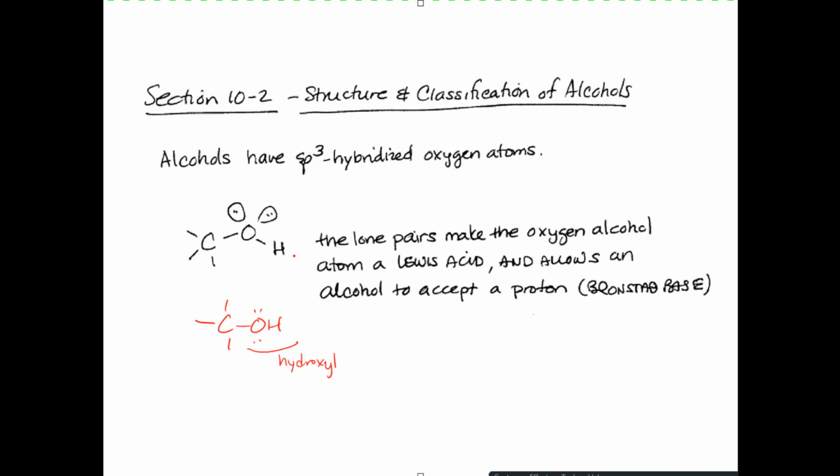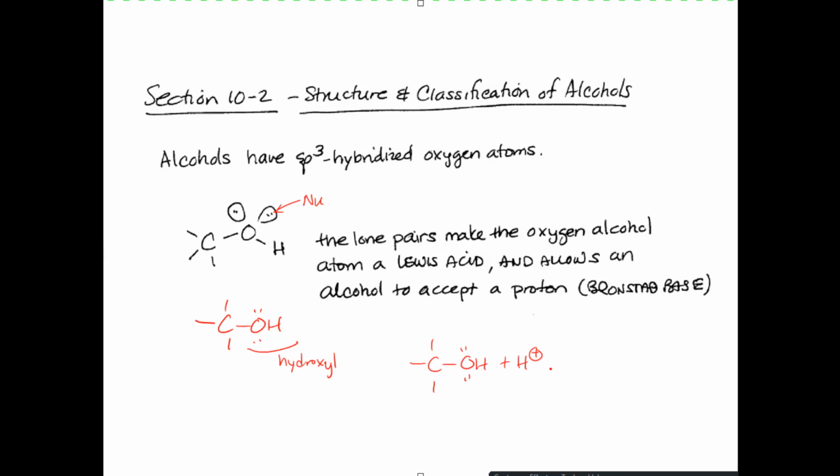So first of all, looking at an alcohol, these lone pairs make that alcohol a nucleophile. That's the source of electron richness. It also makes it a Lewis base, so that, as we've done in the past, we can react this with an electrophile such as a proton.